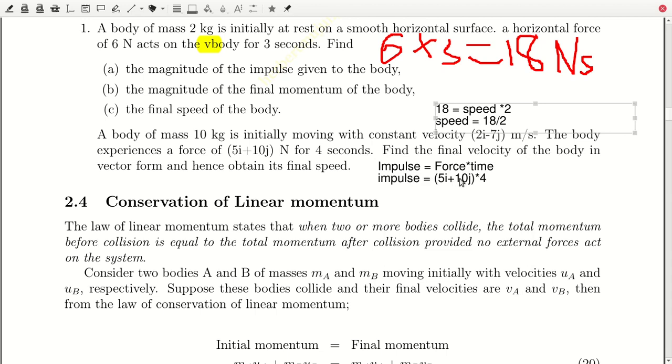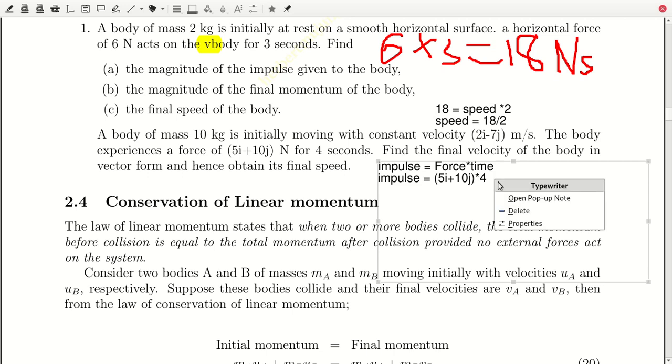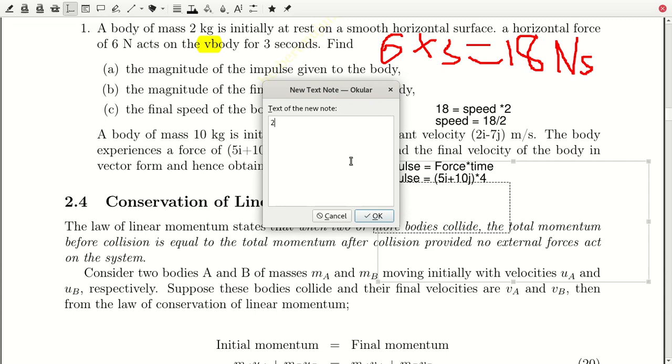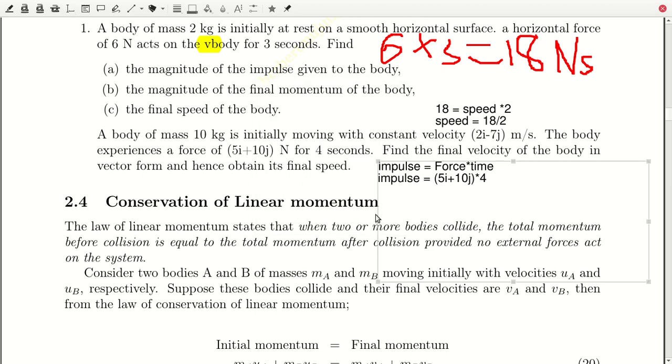If you simplify, the impulse will be 20i plus 40j. That's our impulse.